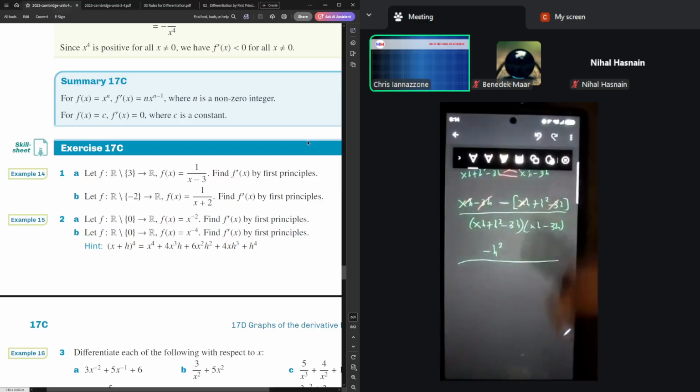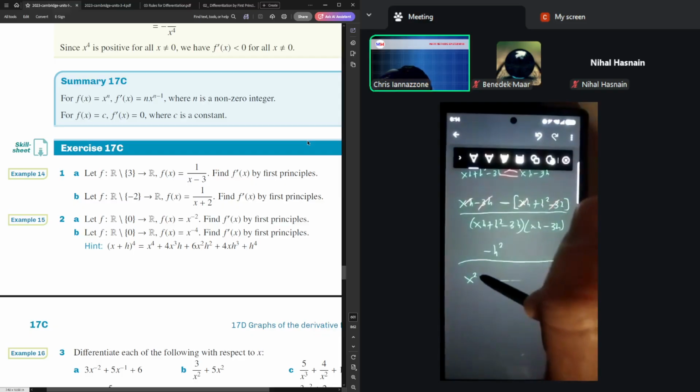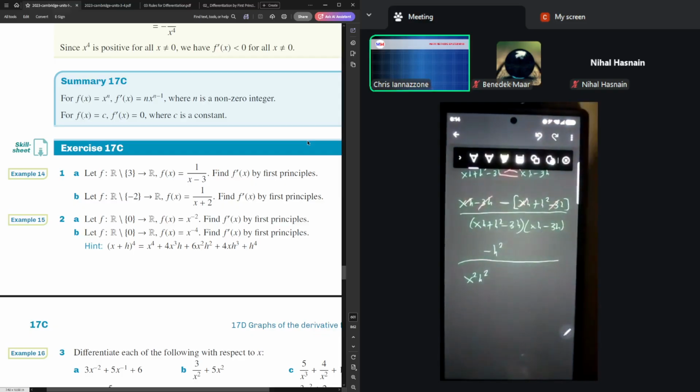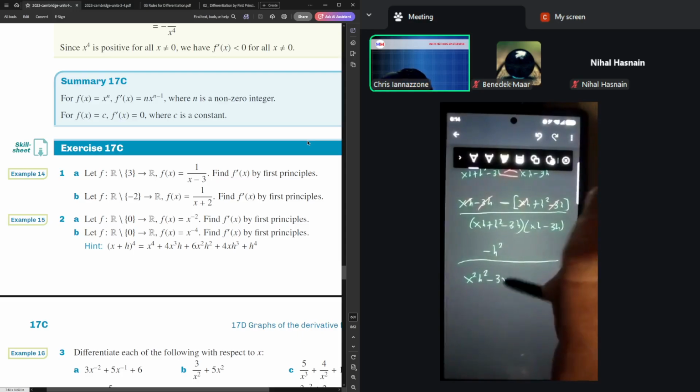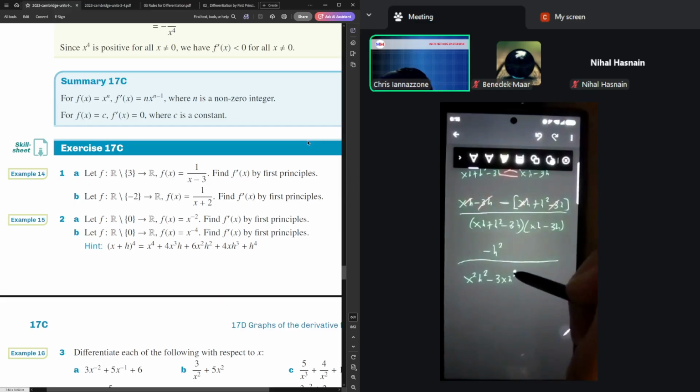So xh and xh is going to get us x squared h squared. Xh and minus 3h is going to get us minus 3x h squared. Then h squared and xh is going to get us x h cubed.